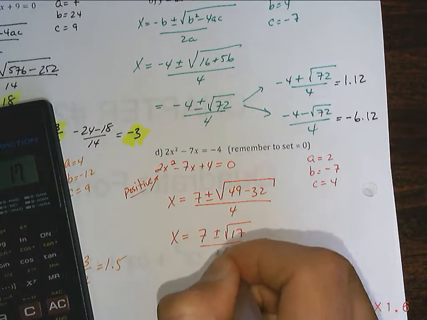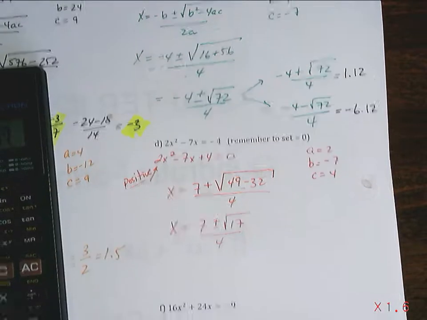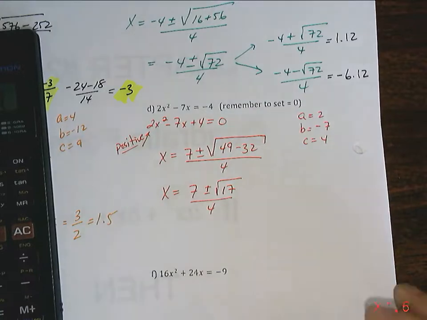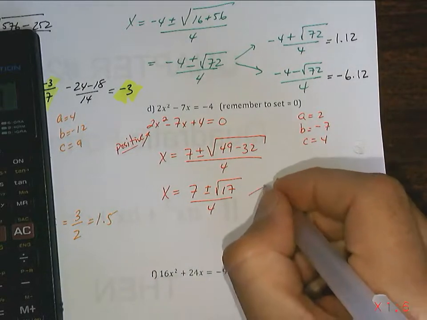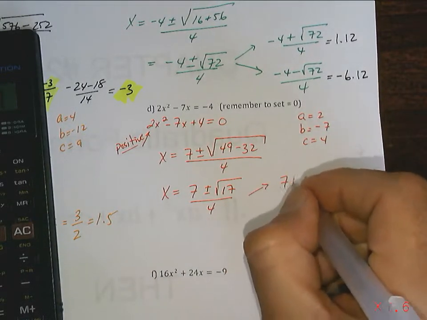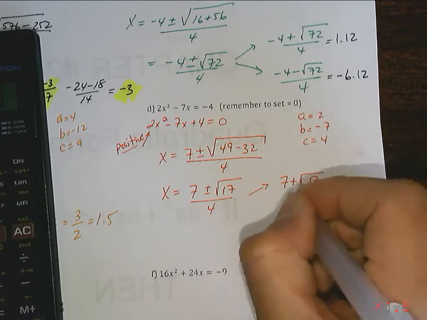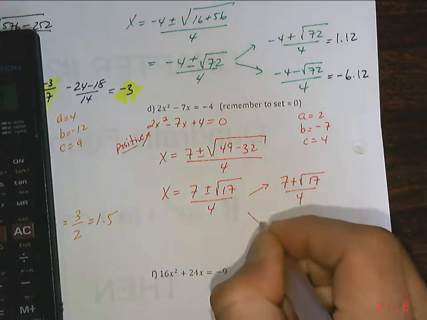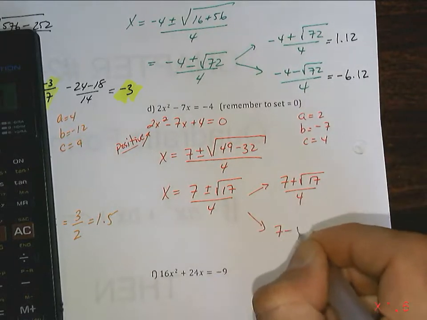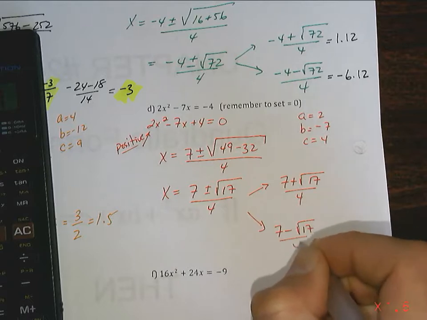This is an exact answer. This is what the back of the book will tell you, or the back of the page. This is not what I want you to do. I want you to give me the decimal answers. There's 2 of them. The first one is 7 plus root 17 over 4. The second one is 7 minus root 17 over 4.